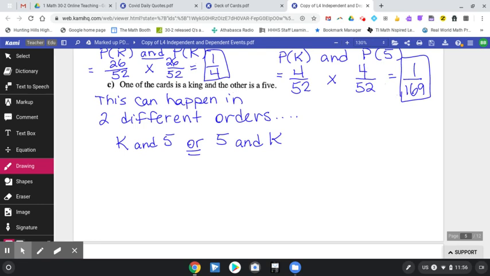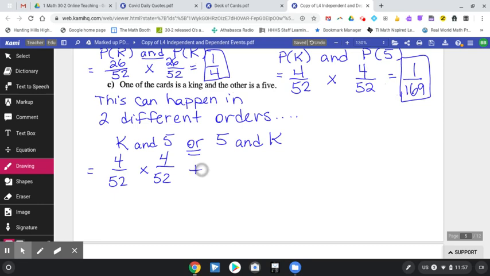So I'm making my first draw. 52 possible outcomes, and 4 out of 52 are kings. And is multiply. Now think about the fact that you've already drawn a card. I drew the card, I looked at it, I replaced it back in the deck. So I'm drawing from 52 cards, and 4 of those are a 5.